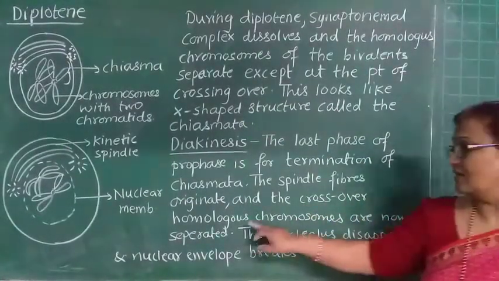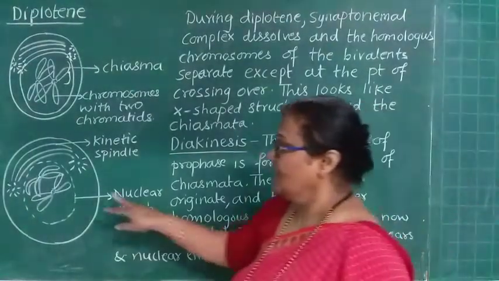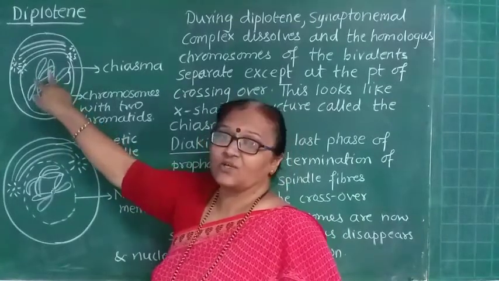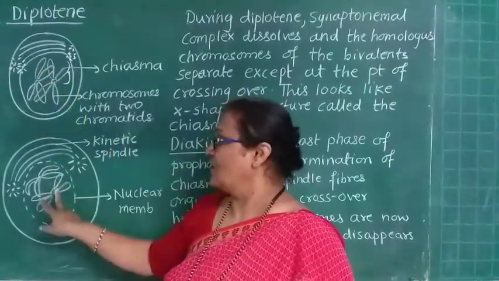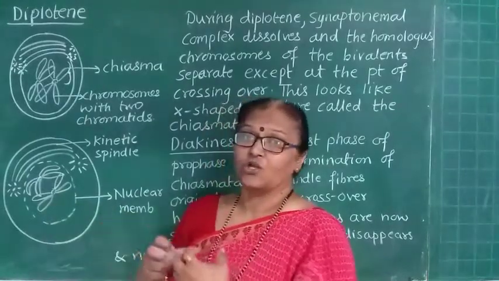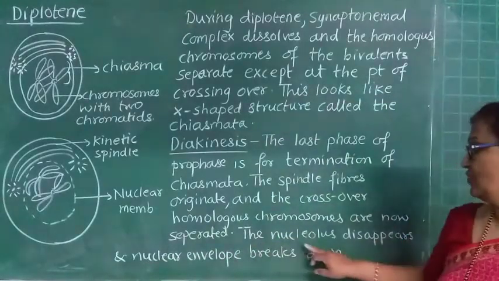And our homologous chromosomes are now separated. Here we are seeing the chromosomes are crossed. Now these chromosomes are being separated, going away from each other. Then see the nucleolus.